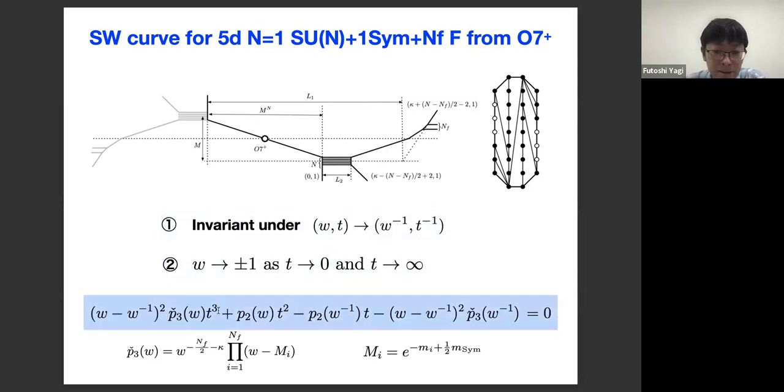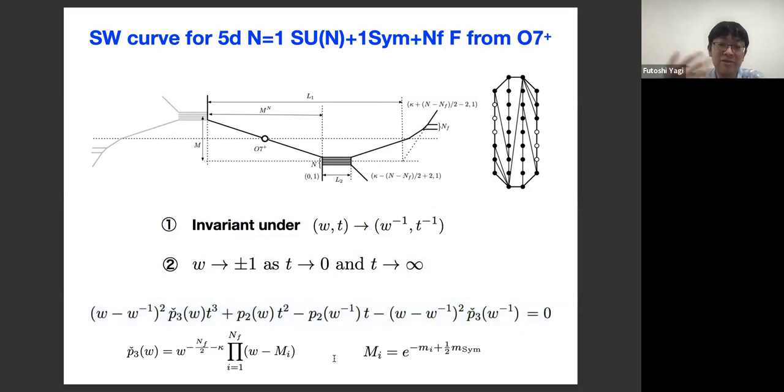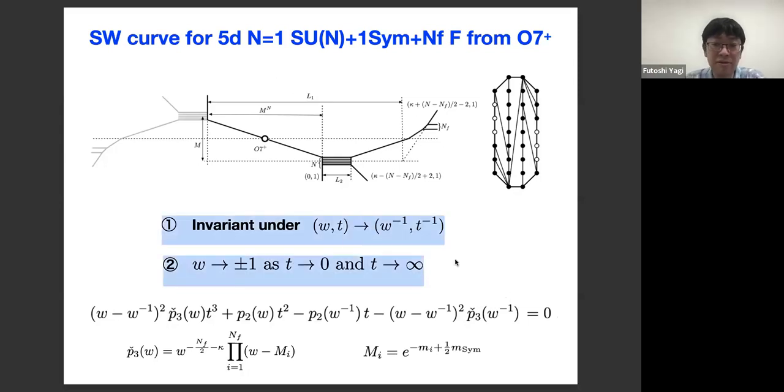And we can write down the Seiberg-Witten curve again in an explicit way by imposing this boundary condition in addition to the rule that from the 5-brane web, we can write down the dual graph, and based on the dual graph, we write down the Seiberg-Witten curve. And then in addition to that, we impose this boundary condition, and we can obtain the Seiberg-Witten curve for symmetric.